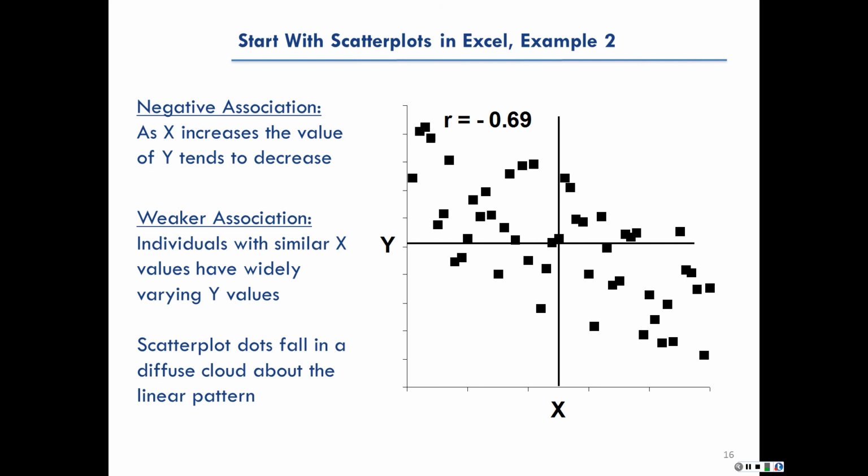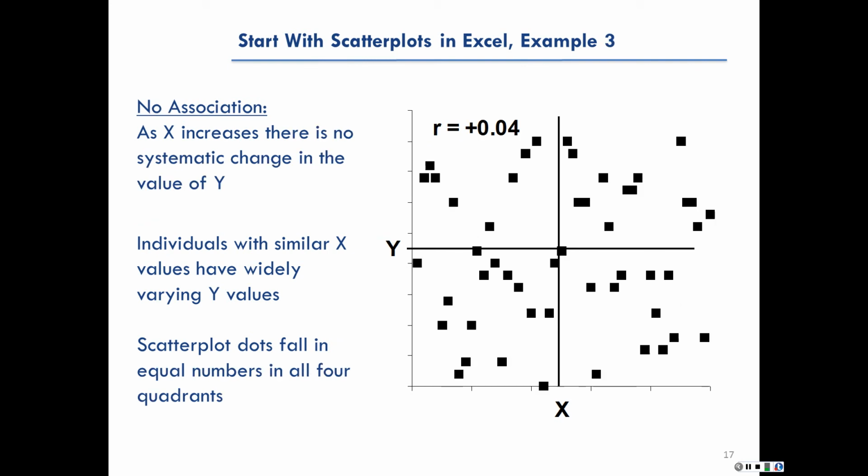So this is a weaker association than the prior slide, but definitely a clear negative association. If you want to think about what no association would look like, here's a good example. It would just be a bunch of dots all over the x and y coordinates of the graph, and there's no clear linear pattern in the data. As x increases, there's no systematic change in the value of y.